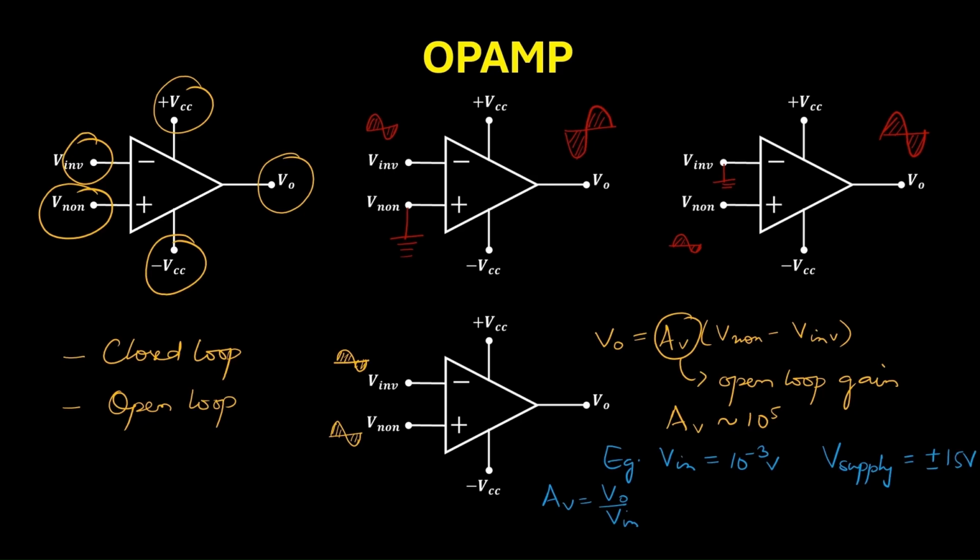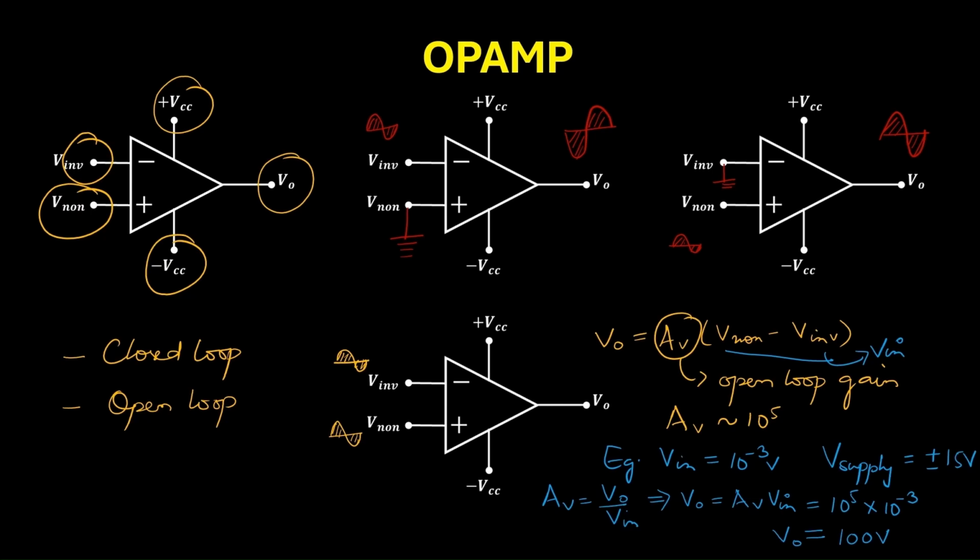Here V in is the difference, this term. I am denoting it by V input. Then V output will be given by AV times V input. So if I do the calculation here, it will be 10 to the power 5 times 10 to the minus 3. So V naught will be equal to 100 volt.